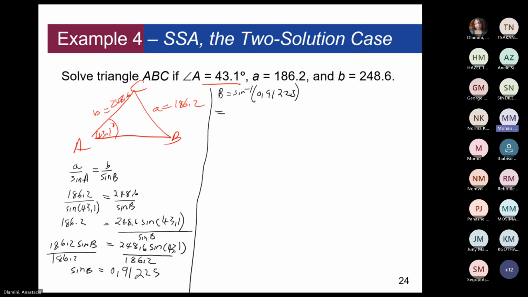No, it's in degrees mode. So you made a mistake somewhere. Yeah, maybe on the rounding off. Wait, can I ask what made you guys decide to use a over sine A instead of sine A over a?